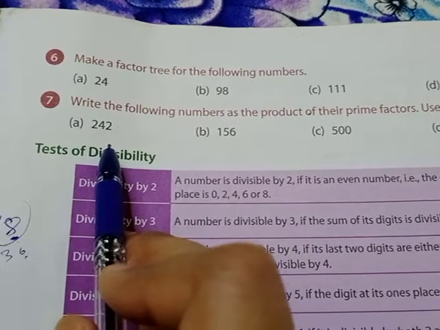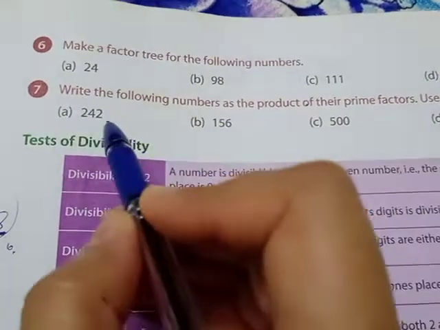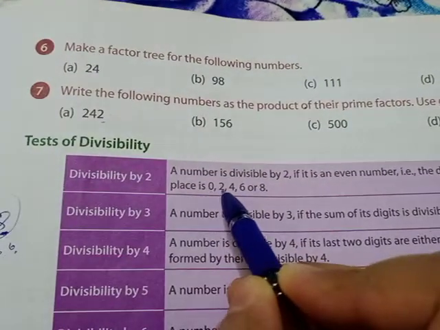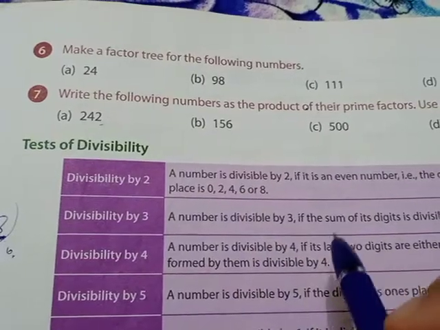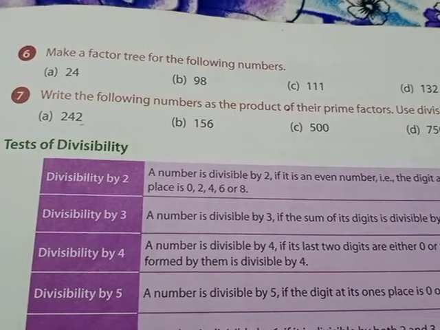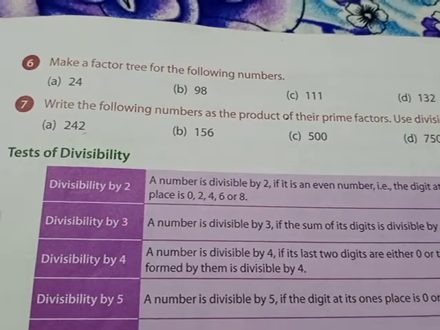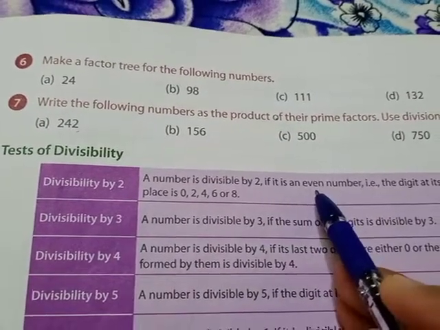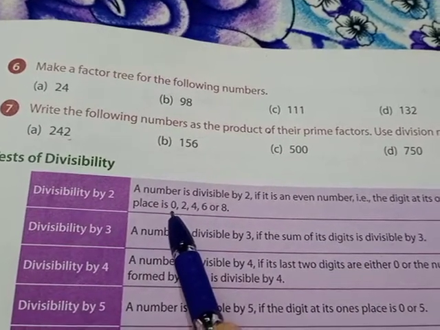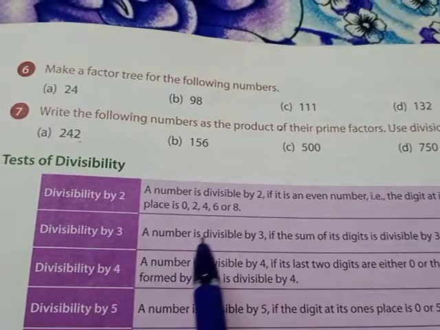Yes, 2 is the factor. What is the reason for that? Its ones place is a number which is 0, 2, 4, 6 or 8. So for saying that 2 is a factor of any number, its ones place should have an even digit, that is, 0, 2, 4, 6 or 8.